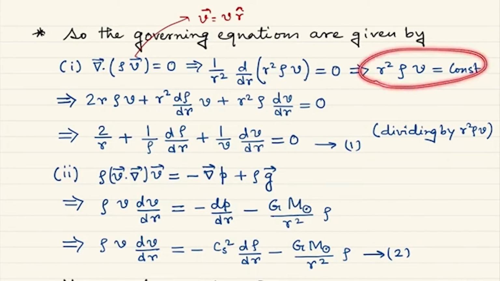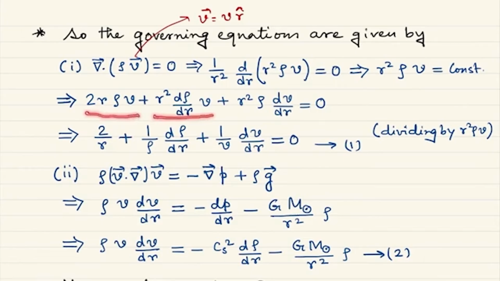Then if you differentiate both sides with respect to r, now these things are functions of r only, so del or d, they are both the same. You will have 2 times r rho v plus r square d rho dr times v plus r square rho times dv dr, that is equal to 0.